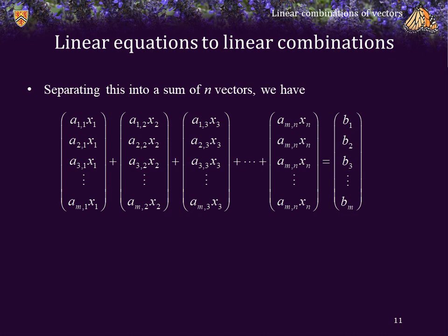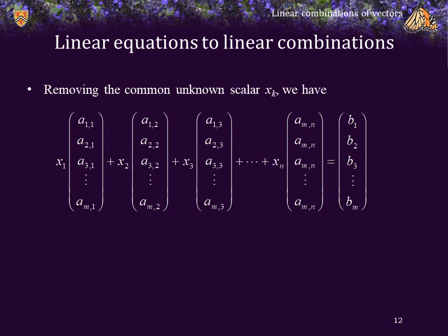Each entry of the second vector is multiplied by x2. So essentially, this is the first vector multiplied by the scalar x1, and so we can factor that x1 out. We can do that for the rest of the vectors as well. Thus, we have this linear combination of n vectors.